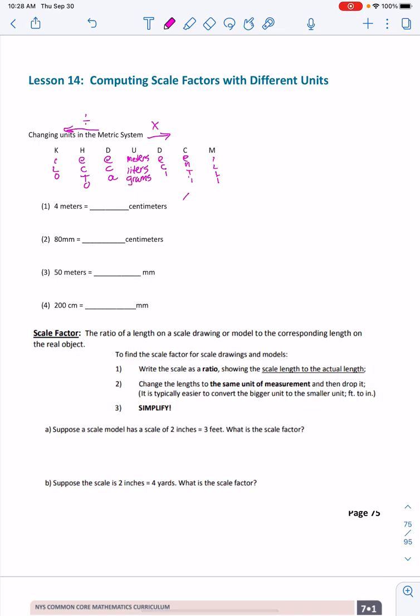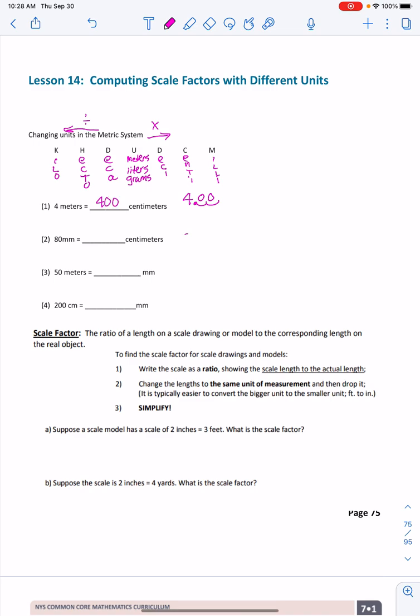So if we have 4 meters, and we have our decimal here, we count the number of places that we move to the place that we want to get to, and we add our zeros. So to go from meters to centimeters, we're going to move 2 spaces, and add zeros. So 4 meters is 400 centimeters.